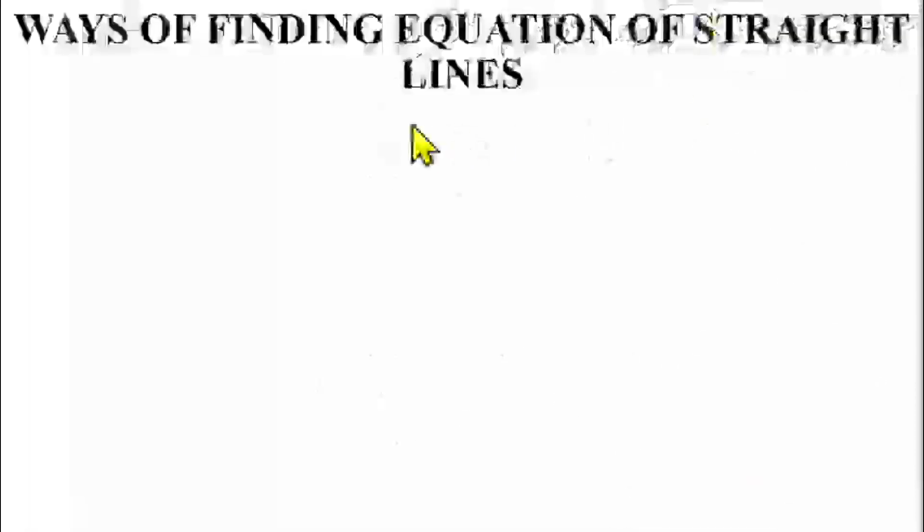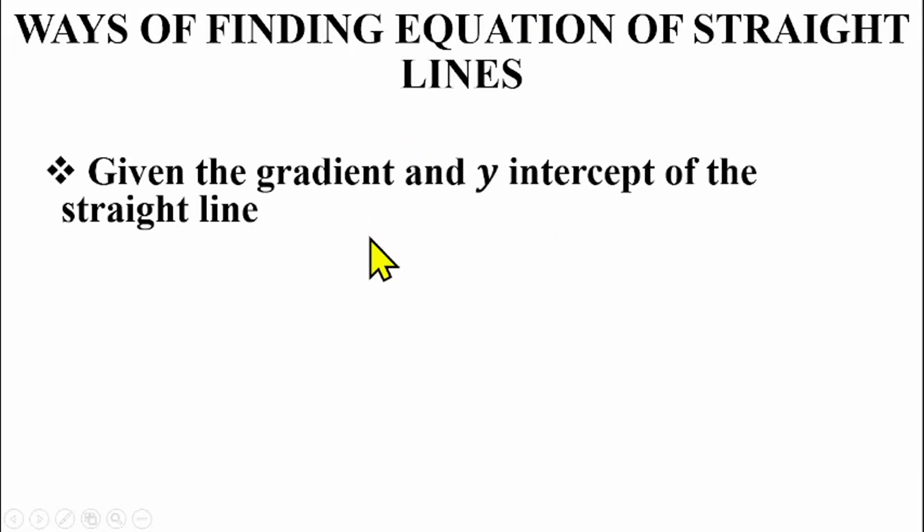Now there are ways of finding equation of straight lines, and let's first of all know those ways before we start finding those equations one after the other. The first way is when we are given the gradient and the y-intercept of the straight line. We can use that to find the equation of that straight line.